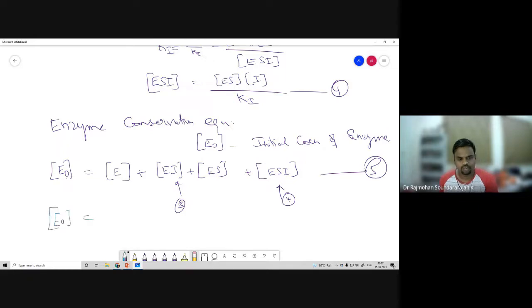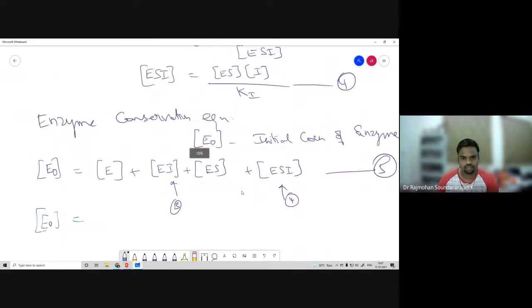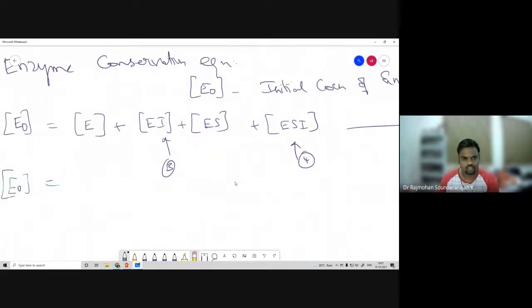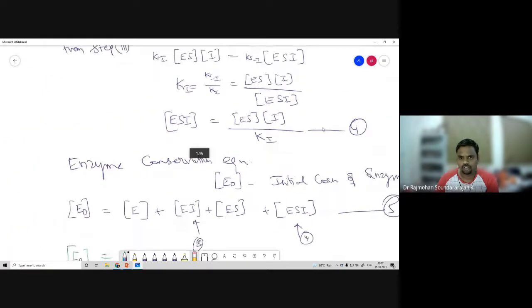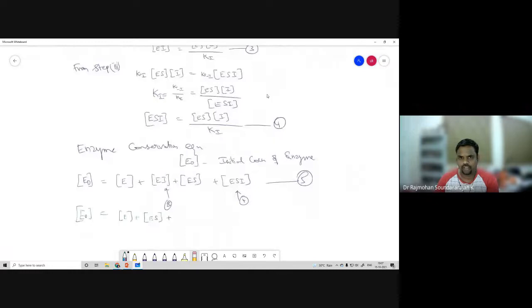E naught is equal to E plus ES. We have not done it purposefully for VS so that you can easily write that. What is EI? EI is given from equation number 3. What is that? E into I by Ki, right?